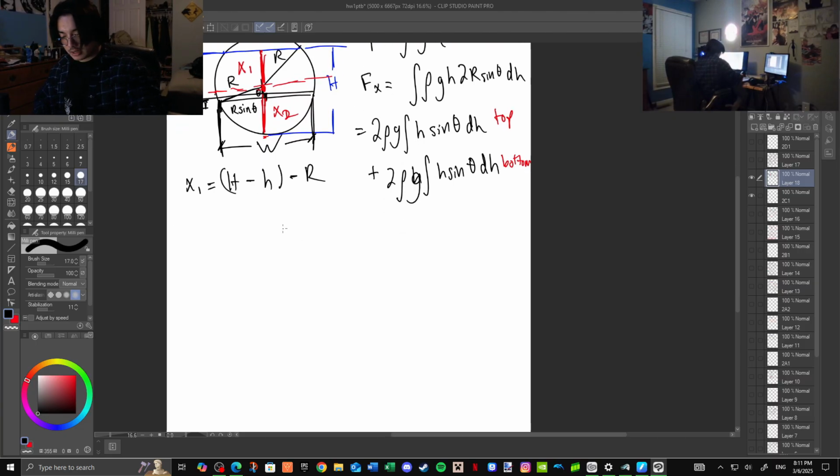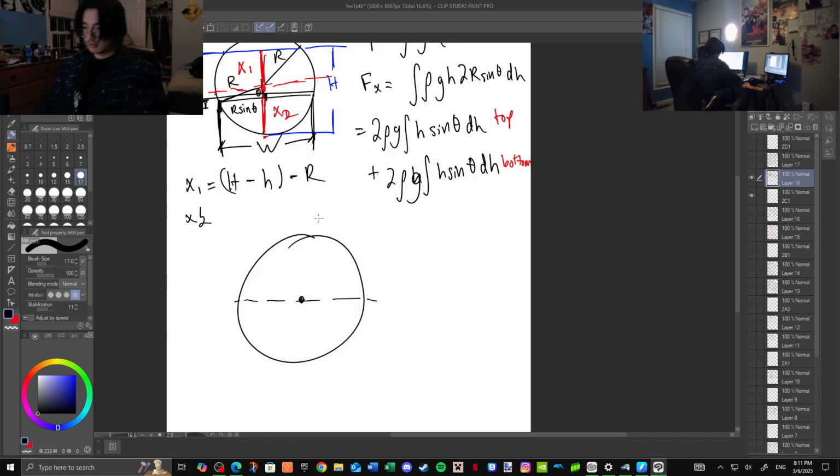So how do you find x2? We're going to draw the same type of scenario. We need to find x2, right? Let's say we're measuring that fluid at a point here, with the fluid measuring all the way down to here.